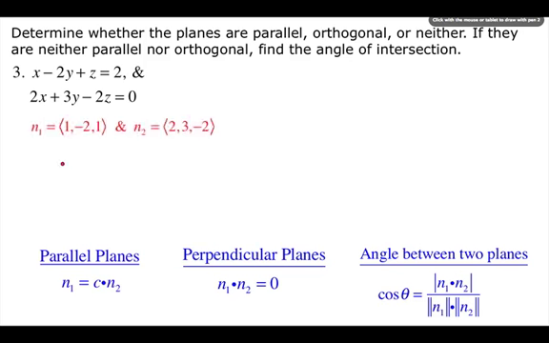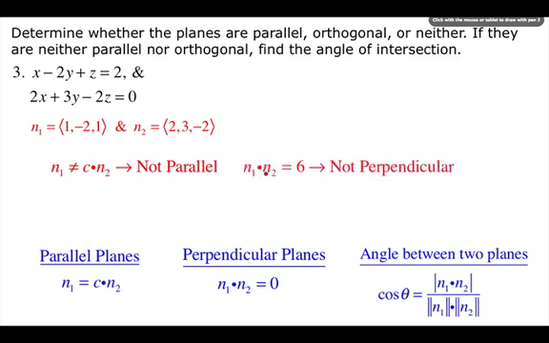So these are the normal vectors. This is the normal vector to the first plane, normal vector to the second plane, and I notice that this is not possible, so they are not parallel. Secondly, take the dot product and it's equal to 6, so they are not perpendicular.